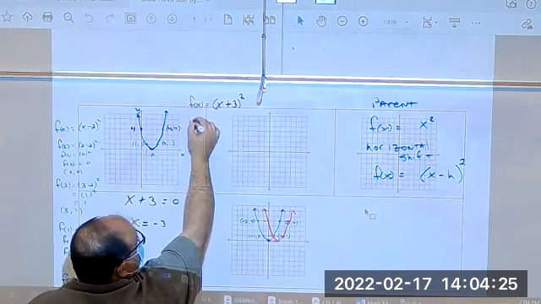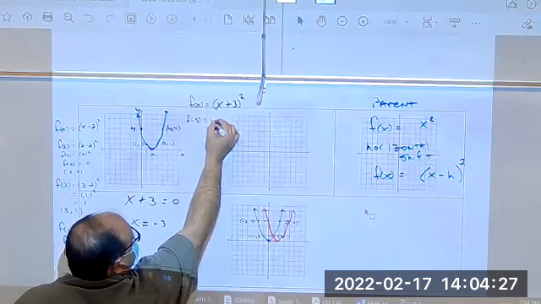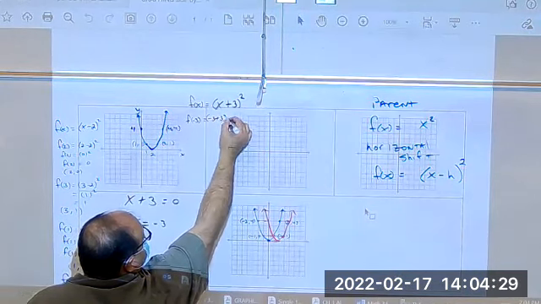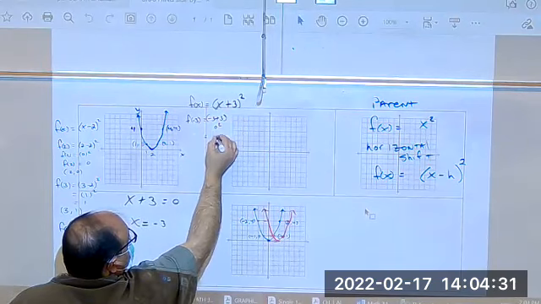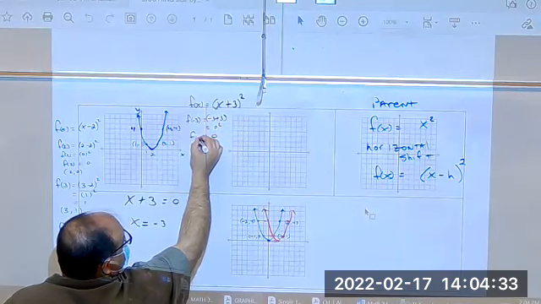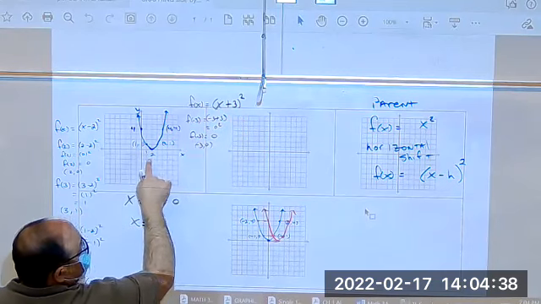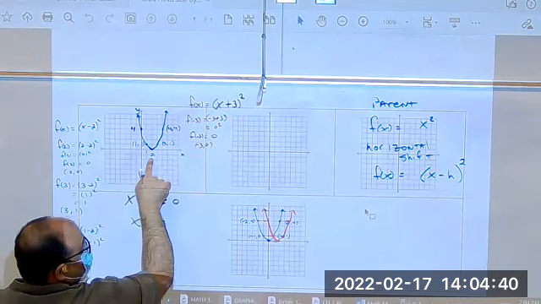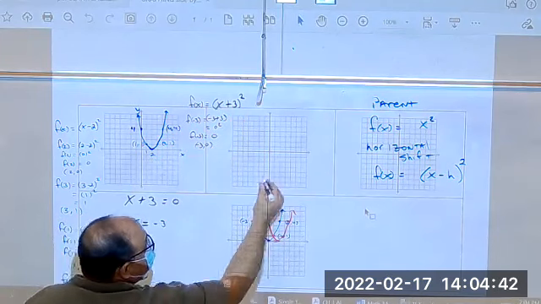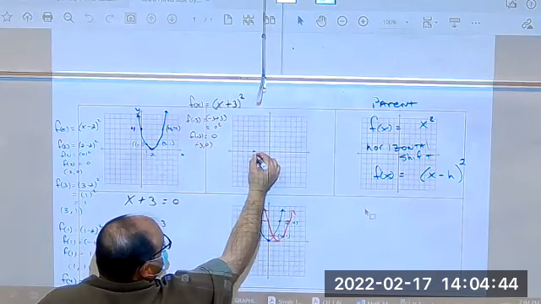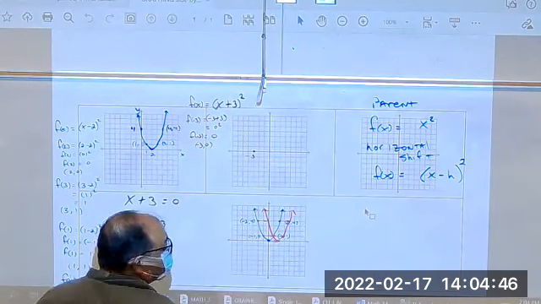So if I use negative 3, negative 3 plus 3, that's my 0 squared, and that's how I get 0. So negative 3, 0. What used to be at 0, 0 is now over here at negative 3, 0.